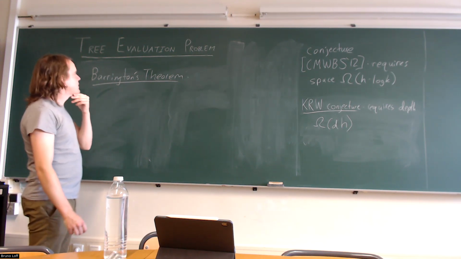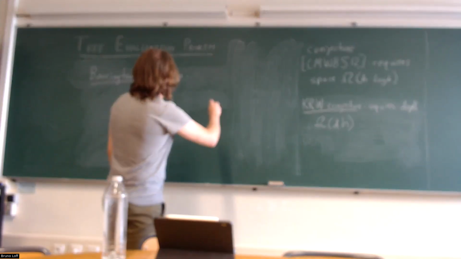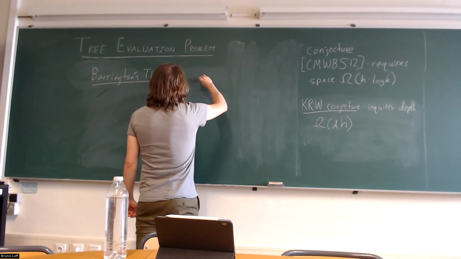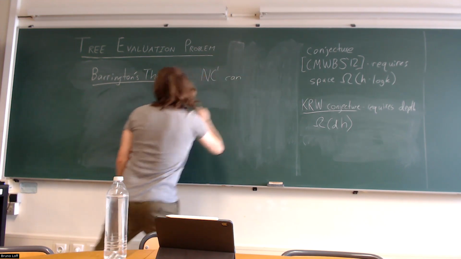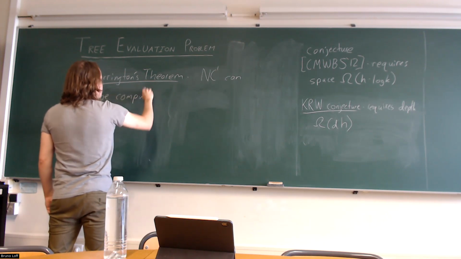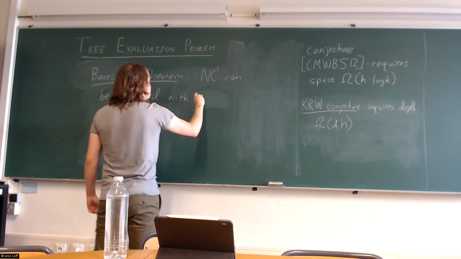I'm going to sort of lie, but it's going to be morally correct, and we can talk about the actual parts later. But essentially, what he says is that morally, a log depth circuit can be computed with only 3 bits of memory.